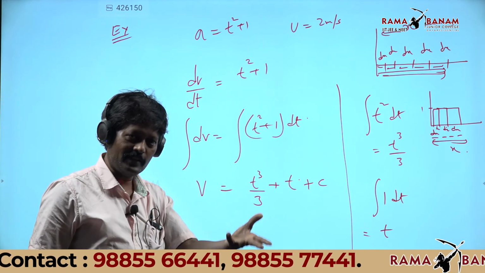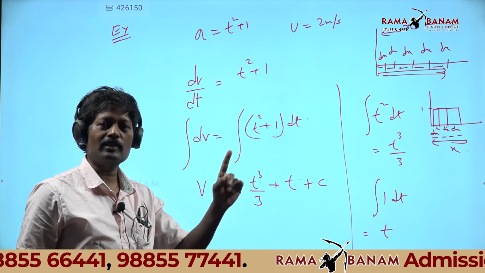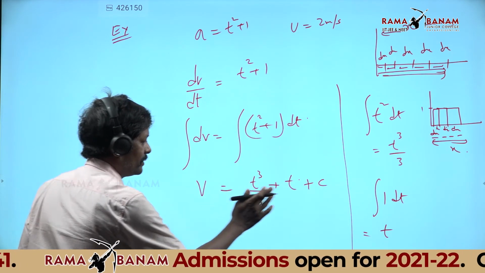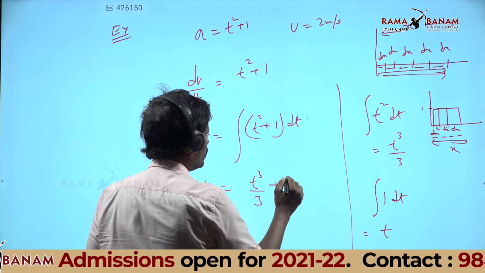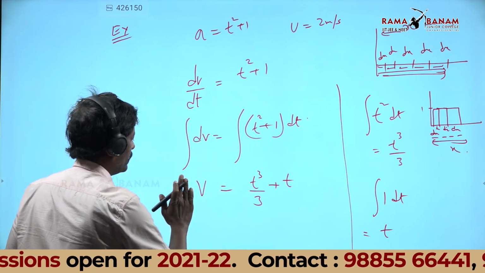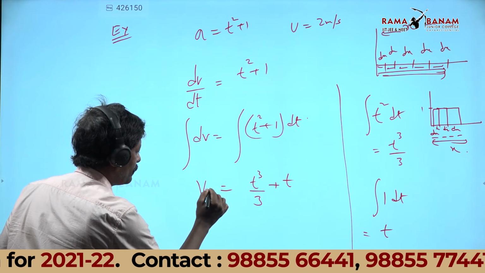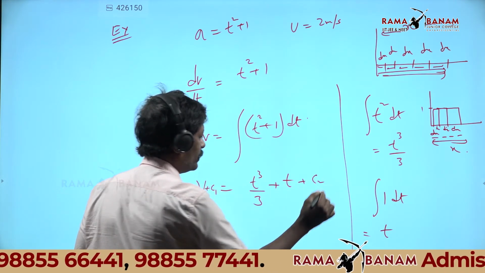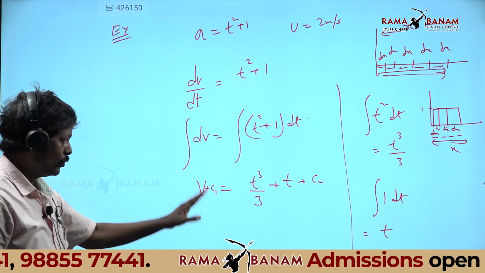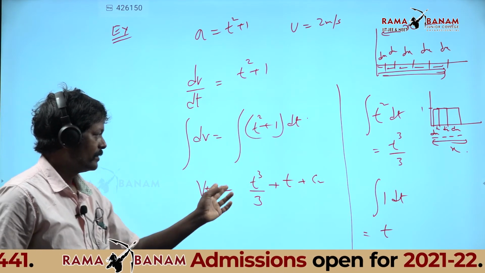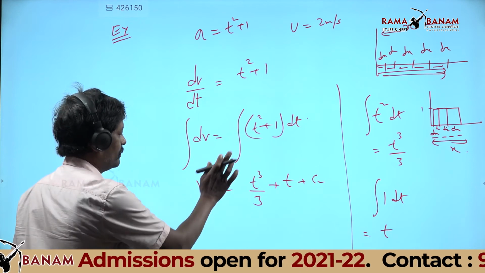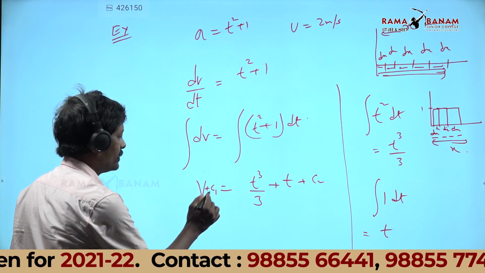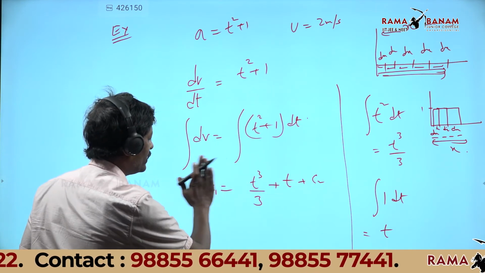I will tell you that reason, but putting the constant on the right hand side is enough. Actually here also I should put a constant: plus integration constant C1, plus integration constant C2 on the other side. Both sides I should put integration constant, so it becomes C2 minus C1.